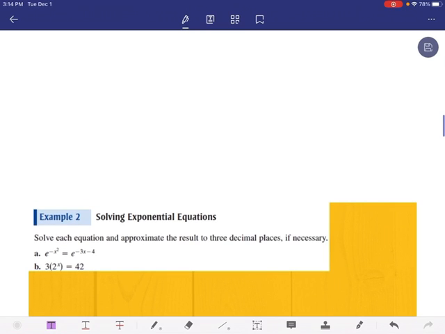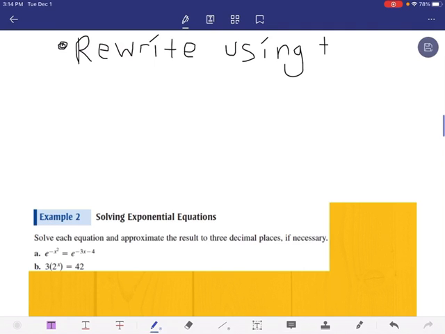Alright, so before we get started, some tips for solving. We want to check a couple of things. First, we want to rewrite using the one-to-one property.